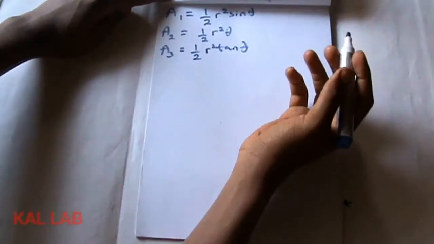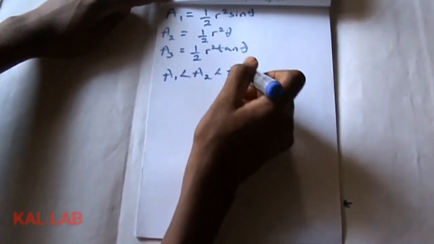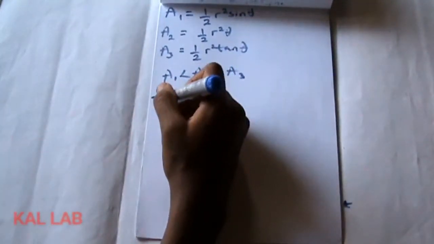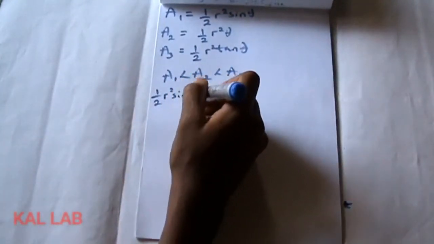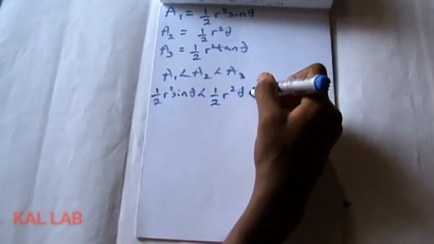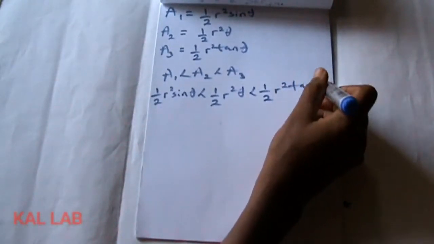Using our initial inequality, A1 less than A2 less than A3, we can tell that 1 over 2 r squared sine theta is less than 1 over 2 r squared theta, and it's also less than 1 over 2 r squared tan theta.